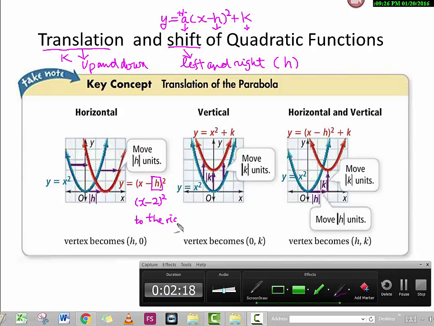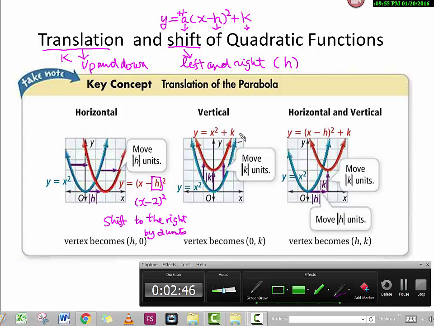A lot of people will think, oh, negative, so you have to move to the left. No, because the original formula is minus, so the value of h is actually positive 2. So that's why we move the parent function to the right by 2 units in this case.